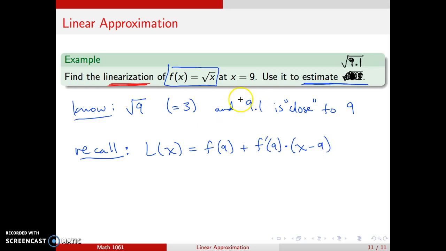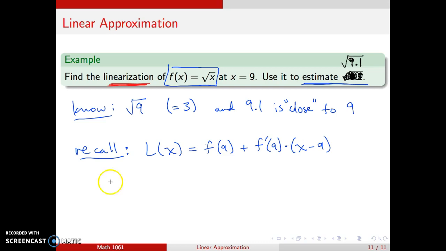The f of 9 is the thing that we know. We're going to figure out f prime of 9 as well, and that tells us the slope of our tangent line, how far up or down we go for a given change in x.